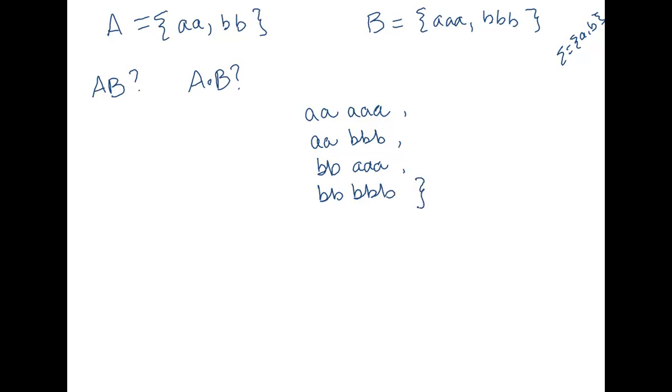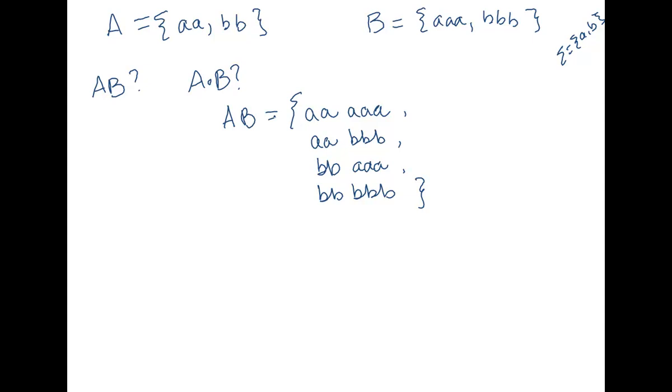So for this pair of languages, this is the complete language AB. If either one of the two languages were infinite, then AB would also be infinite. Luckily here we picked two finite languages, so we can actually enumerate all of the strings.